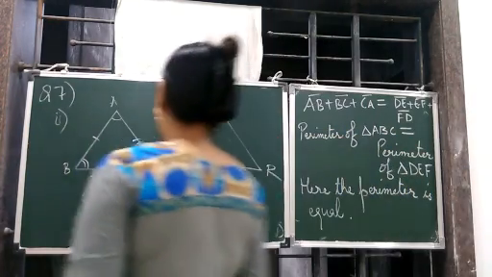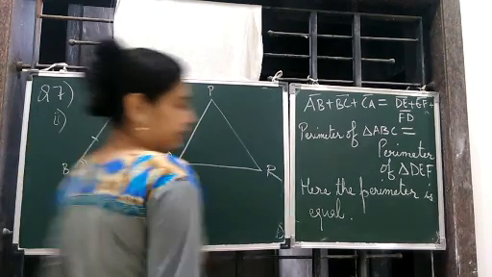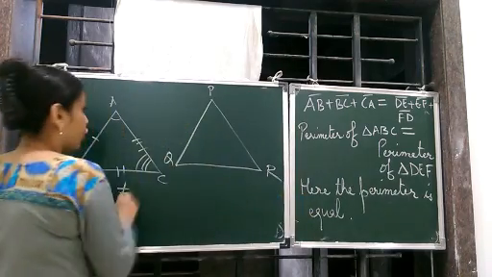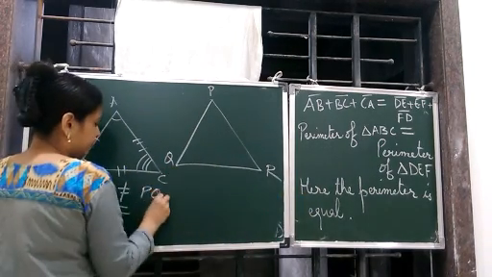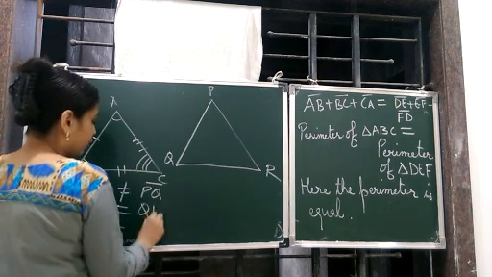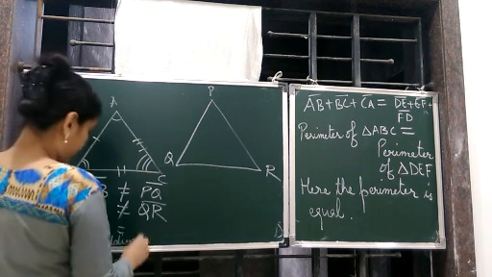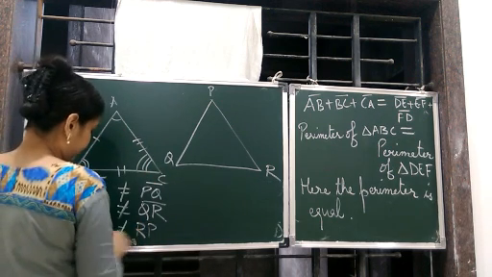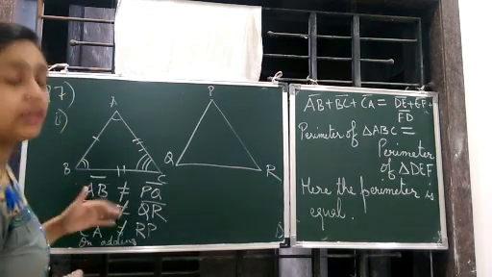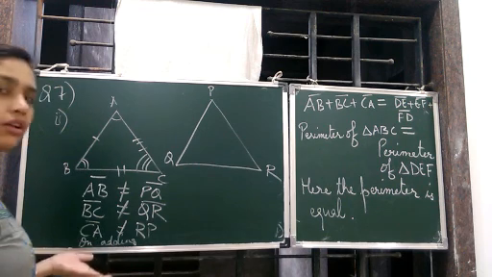That means if the triangles are not congruent, then AB is not equal to PQ. Correct? BC is not equal to QR. Then CA is not equal to RP. Why are they not equal? Since the triangles are not congruent.